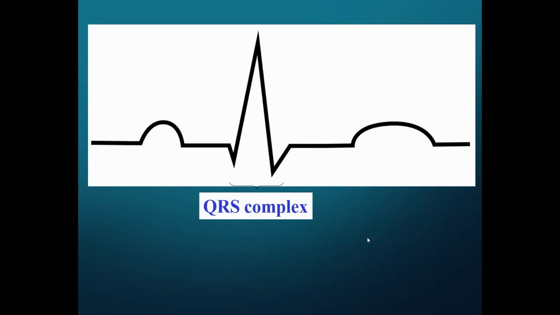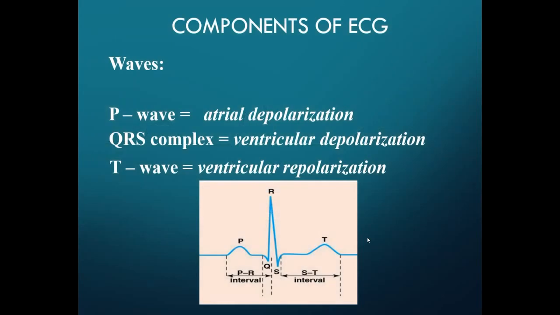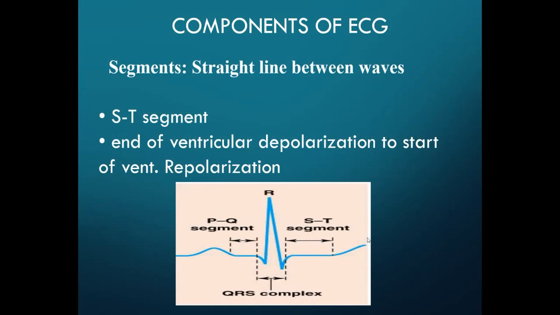We will study these. The components of the ECG include, number one, the waves. The P wave acts as an atrial depolarization indicator. Then comes the QRS complex, which is the ventricular depolarization indicator, and then the T wave, which is the ventricular repolarization indicator.